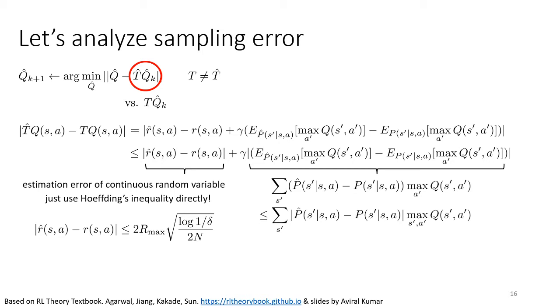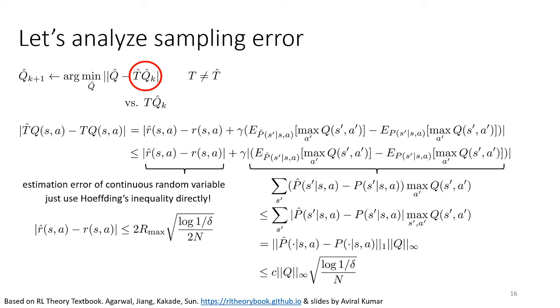And now, looking at this equation, hopefully you'll all recognize this as the total variation divergence between p hat and p times some quantity that depends on q, some constant quantity. And in particular, that constant quantity is just the infinity norm of q. So this is exactly equal to the total variation divergence between p hat and p times the infinity norm of q. And we already had a bound for that.